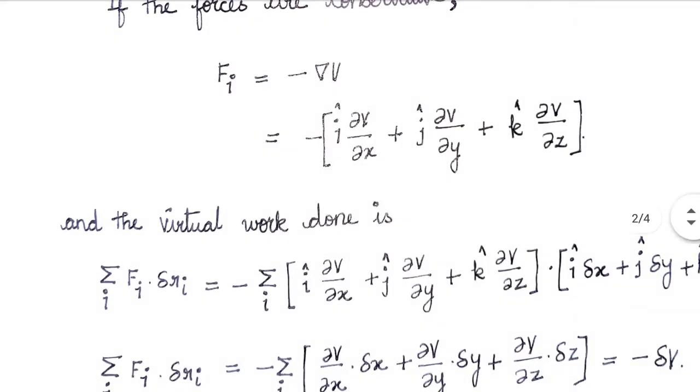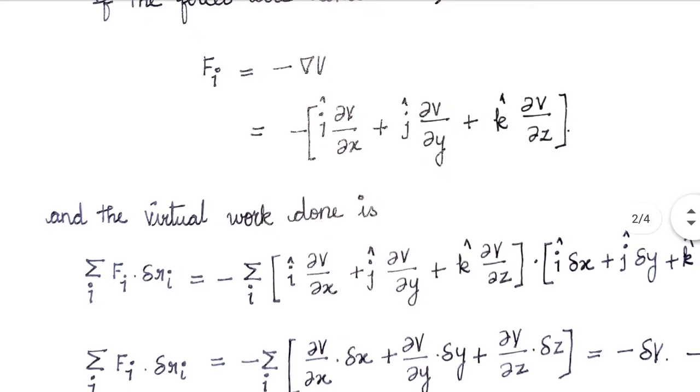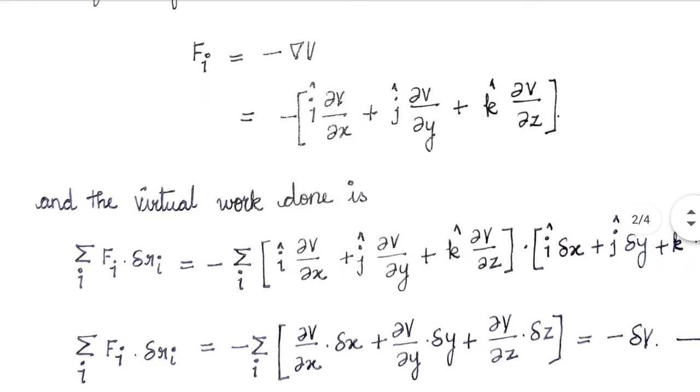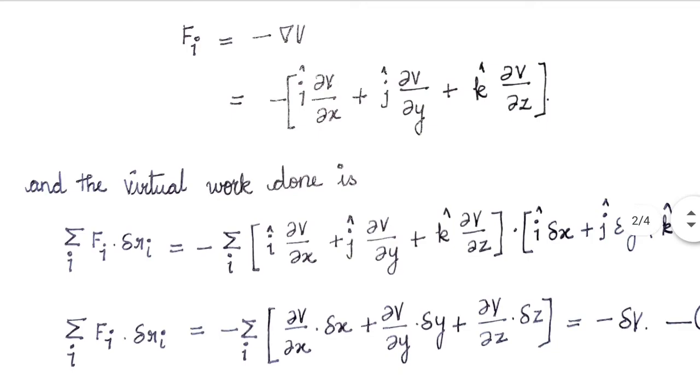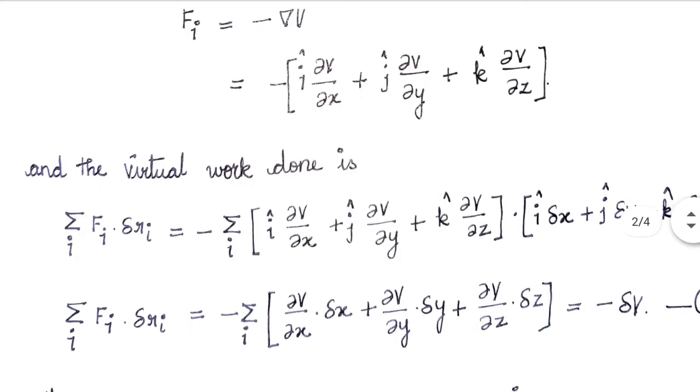In place of F_i, we write minus the sum over i of i ∂V/∂x plus j ∂V/∂y plus k ∂V/∂z, and in place of δr_i, we write i δx plus j δy plus k δz. By the vector dot product, i·i is 1, j·j is 1, k·k is 1.